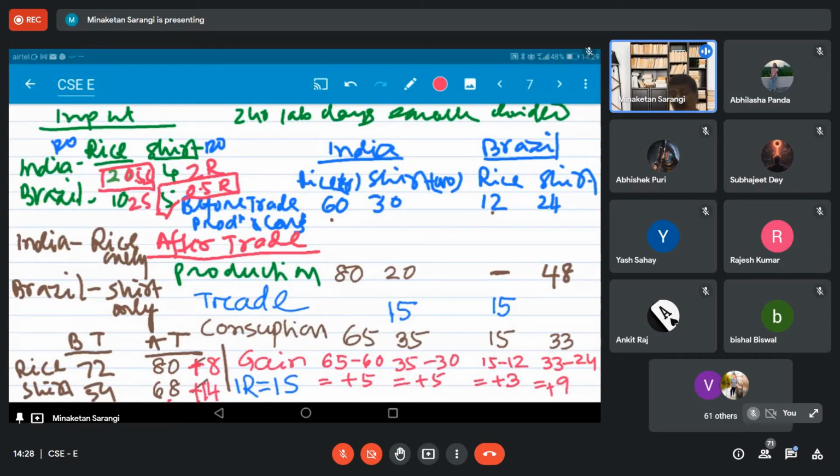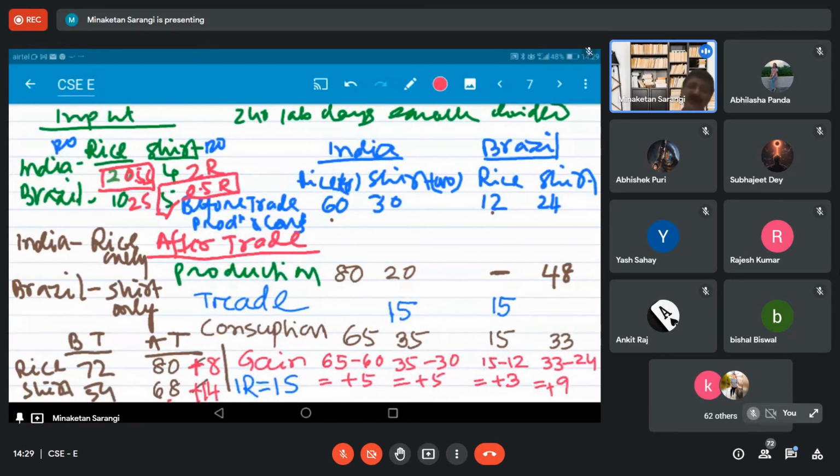Brazil is consuming additional 9 SAT, India is consuming additional 5 SAT, so total consumption increases by 9 plus 5 is equal to 14. So, this is how we can explain the gain from trade utilizing the partial specialization.